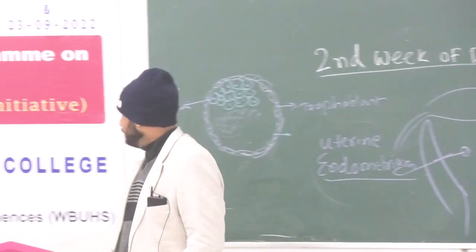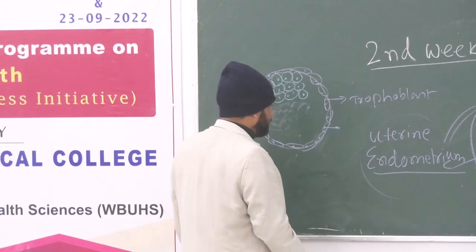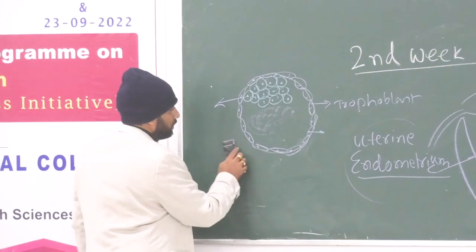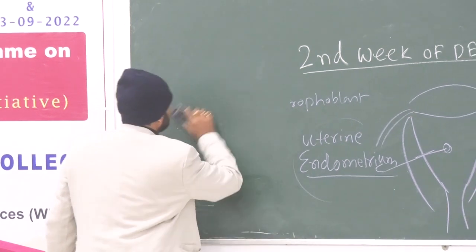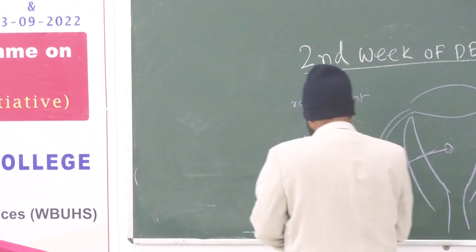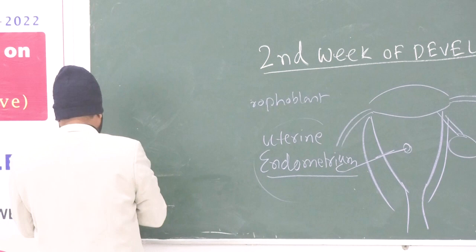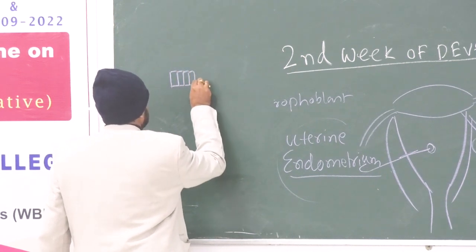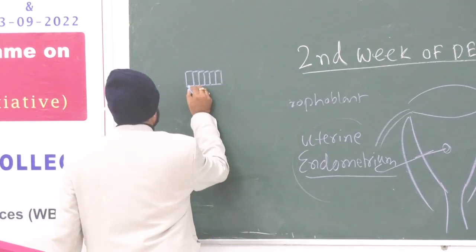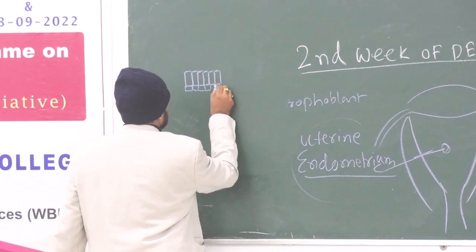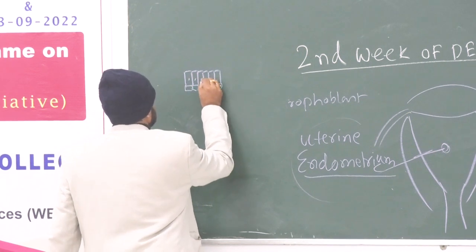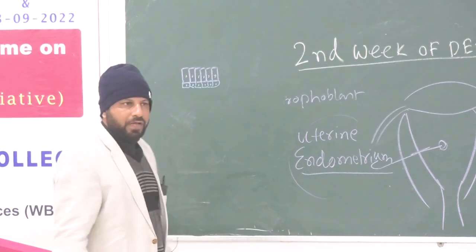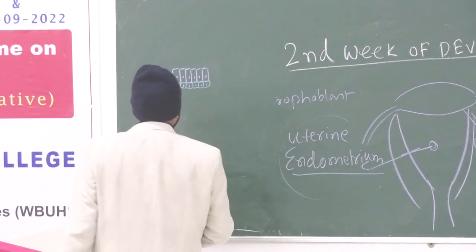Why week 2? Because this inner cell mass, if I draw another picture, this inner cell mass forms two layers, two germ layers.